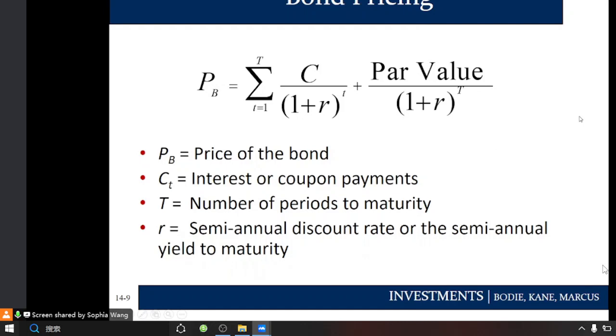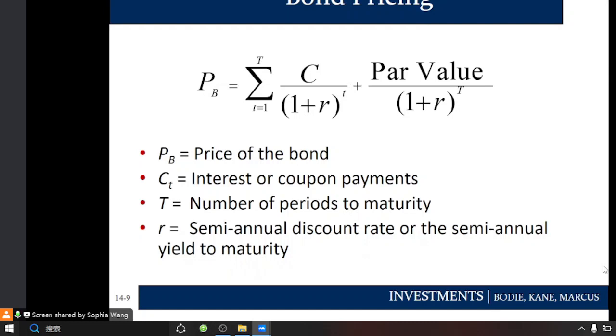In this case, the price of the bond consists of two parts. The first one is the present value of the coupon cash flows in the financial markets. If you want to add or subtract, all the numbers should be at the same level of time in the time series.